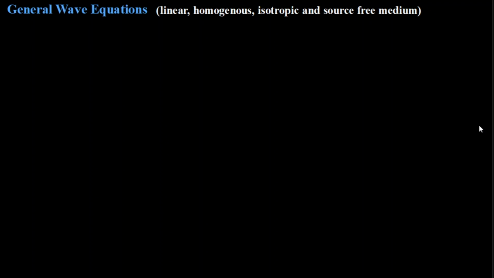This wave equation can be derived for any independent space or medium. For the purpose of deriving the wave equation in a simpler mathematical way, we have just assumed this particular medium. Please keep this in your mind.